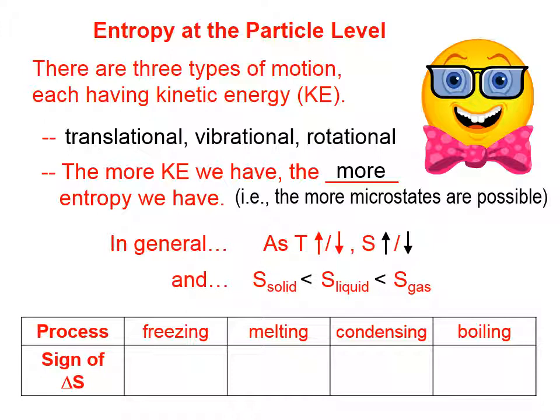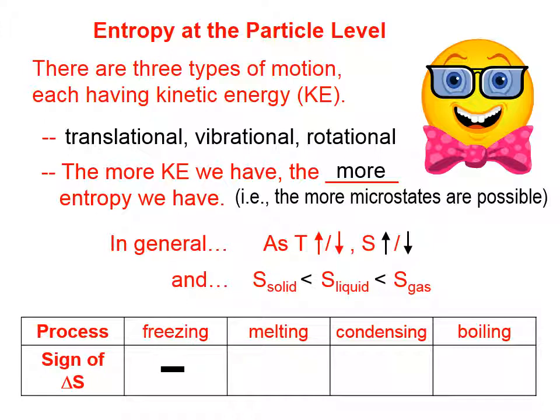Whenever we do change, we go final minus initial. So the final chaos in freezing is a smaller number. The initial chaos is higher. Smaller chaos minus greater chaos is going to give us a negative number.